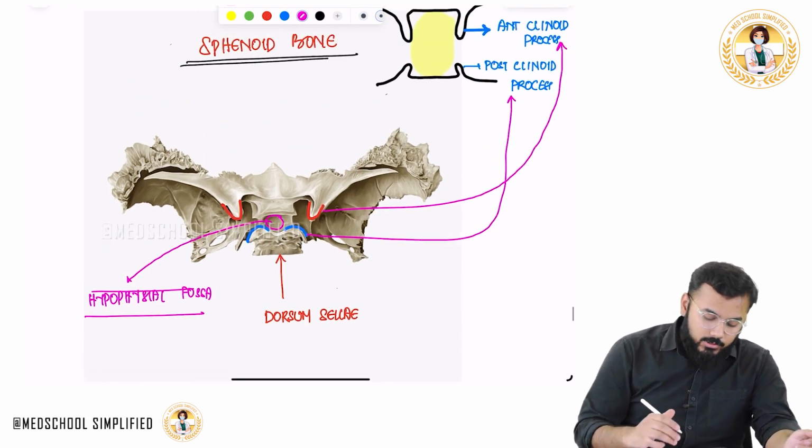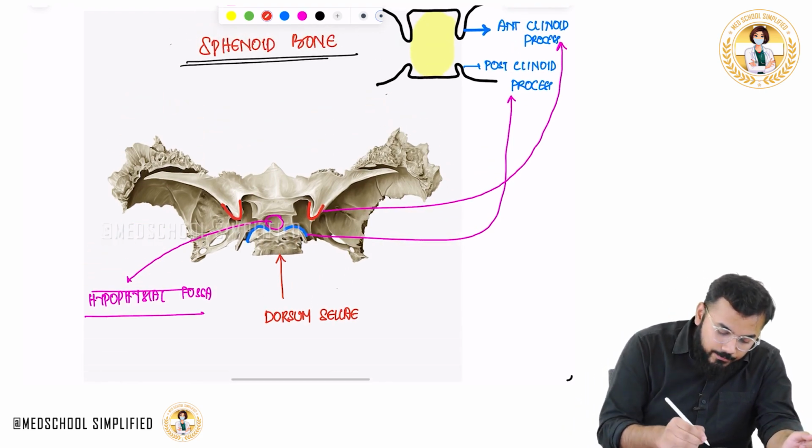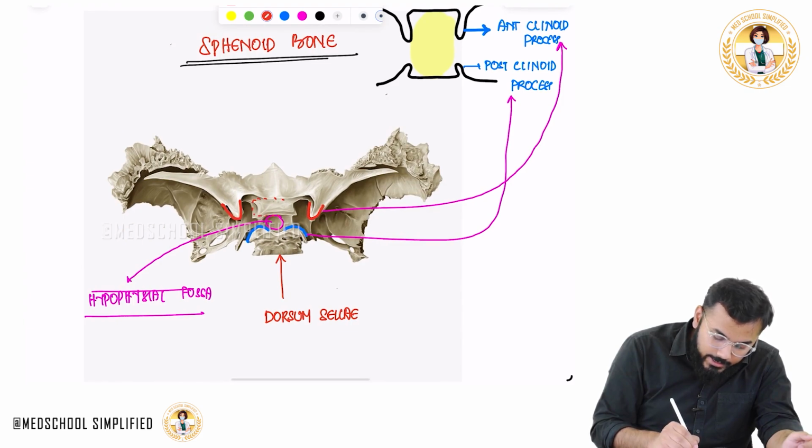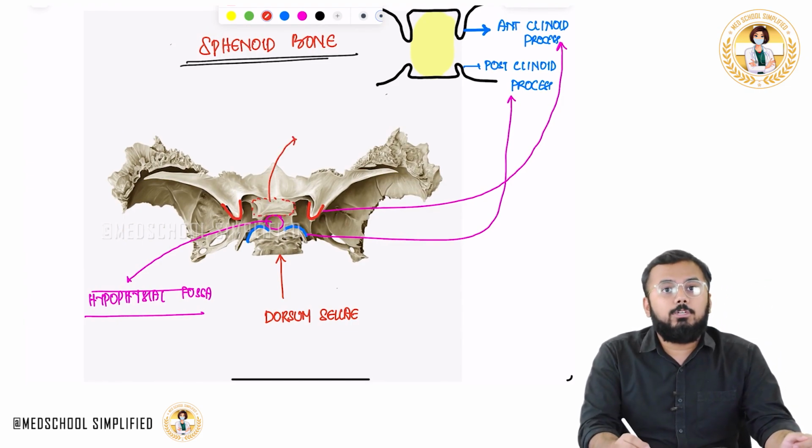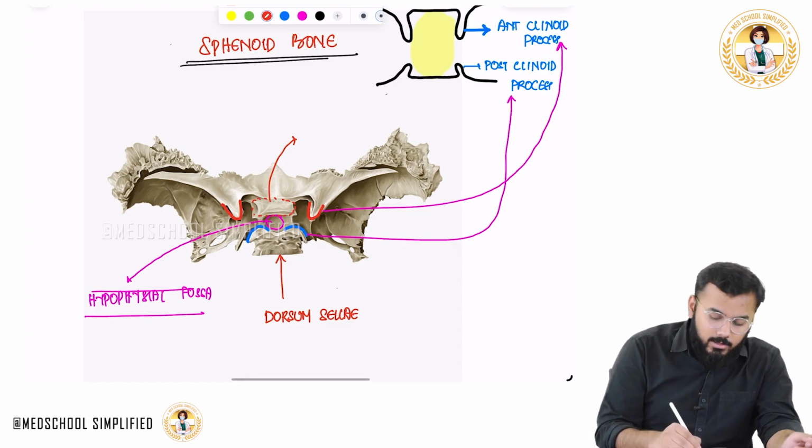Above this hypophyseal fossa, you see this part which I am highlighting right now. This part is called the tuberculum sellae.